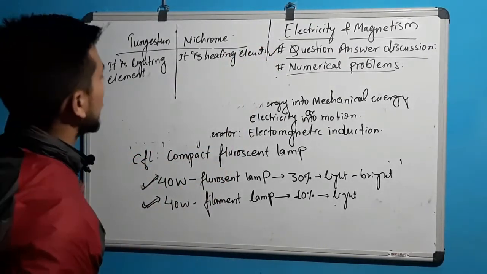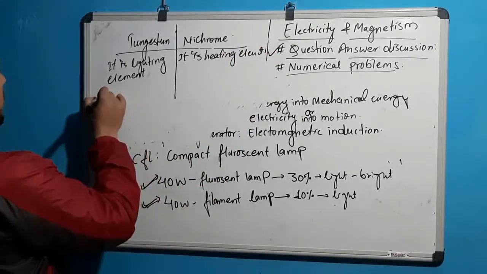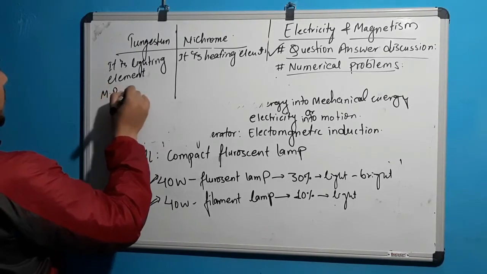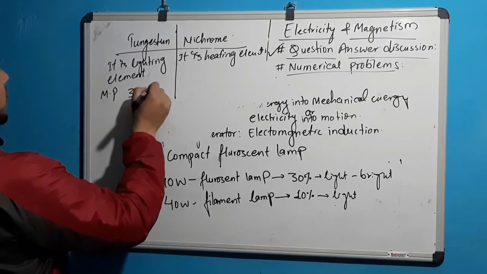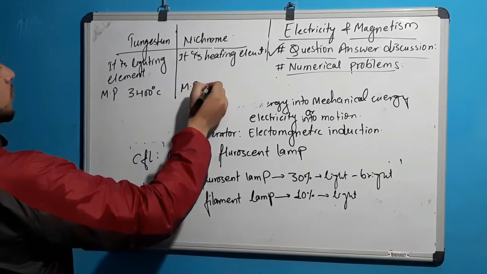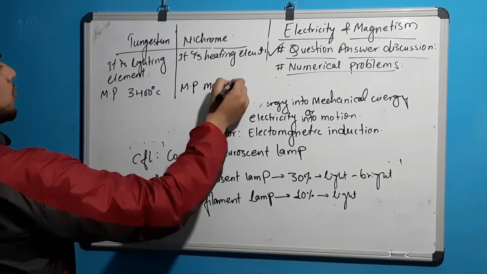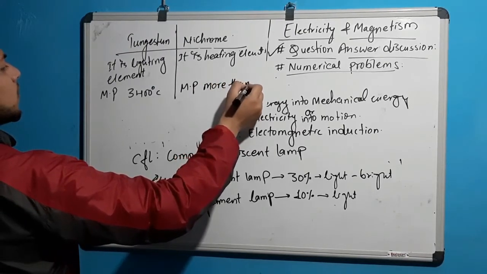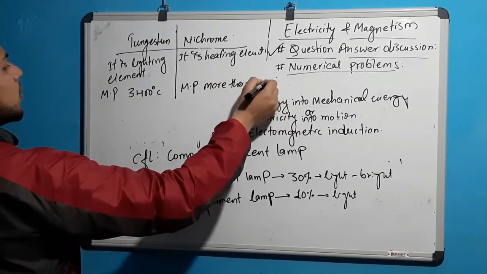It is a heating element. Its melting point is more than 3400 degrees Celsius.